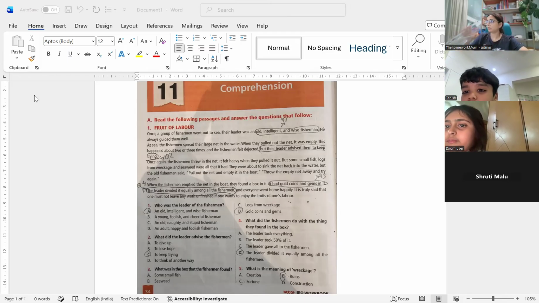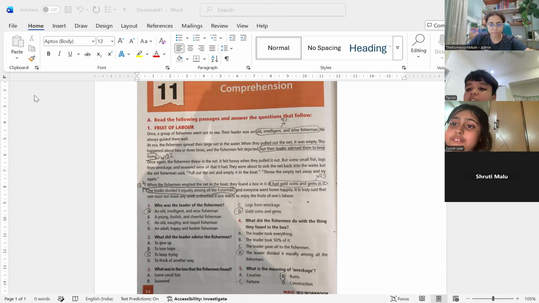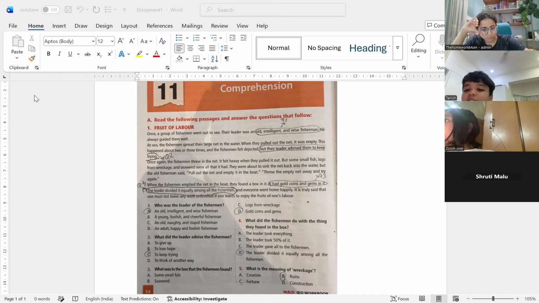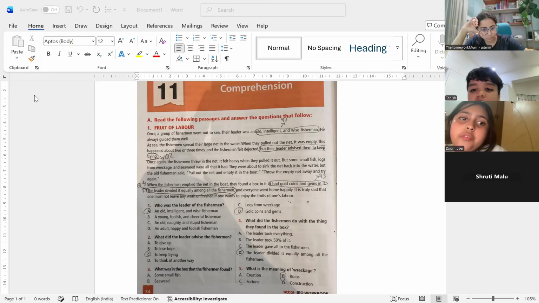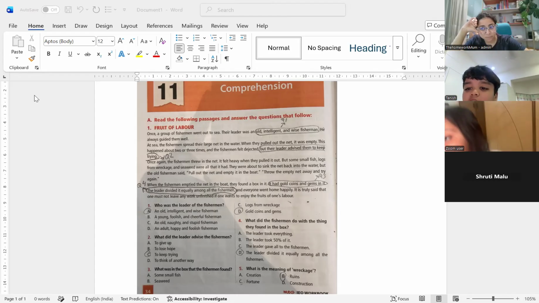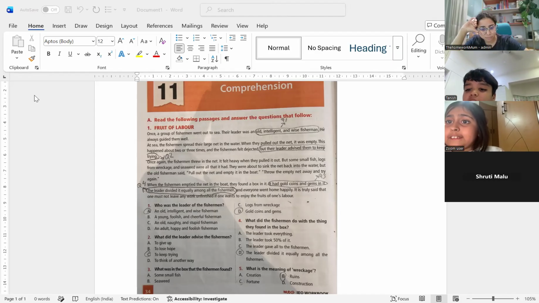Start. So the first one, who was the leader of the fishermen? An old, intelligent, and wise fisherman, a young, foolish, and cheerful fisherman, an old, naughty, and stupid fisherman, an adult, happy, and foolish fisherman. Second one, what did the leader advise the fishermen? To give up, to lose hope, to keep trying, to think of another way.